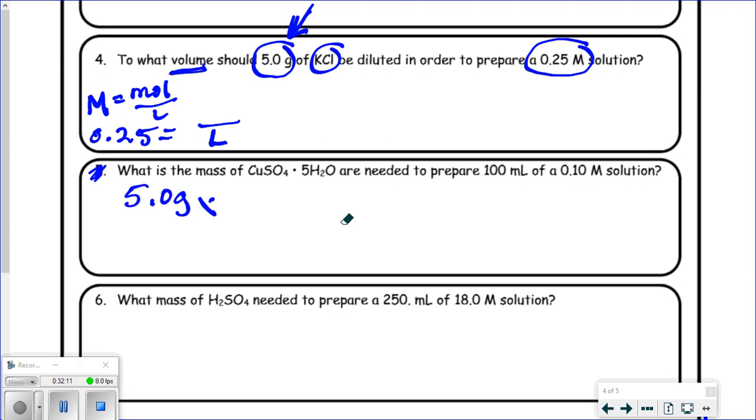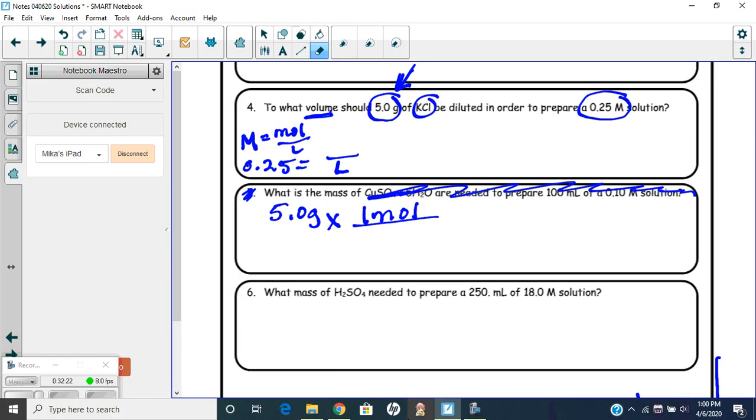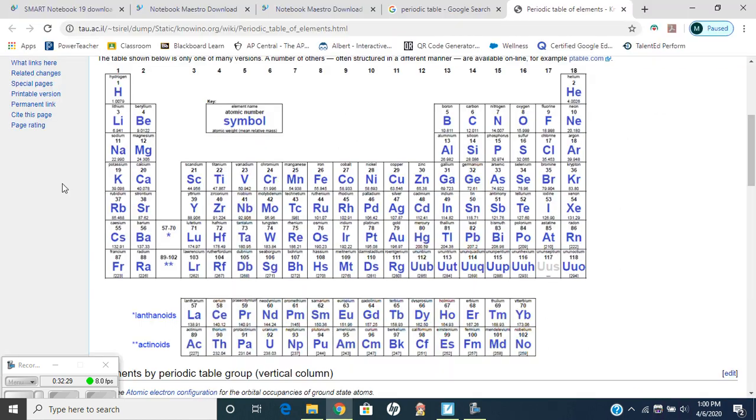5.0 grams, because we need to get this to moles. 1 mole. We're going to erase this question here. We've got KCl, so let's go back to our periodic table. K, here it is, 39.10. The Cl is 35.45.